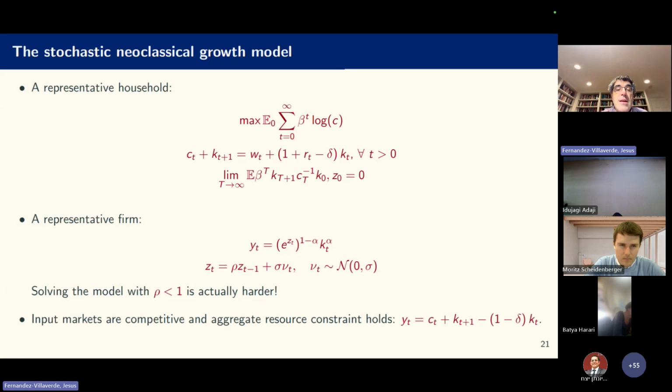And it's exactly the same stochastic neoclassical growth model I showed you before, except that now I'm going to do it in terms of the market allocation and not in terms of the social planner. The only reason I'm doing it with the market allocation is so you can see a little bit how it can be done with markets, but adapting the example to the social planner is straightforward.